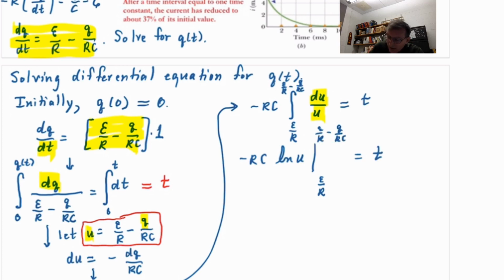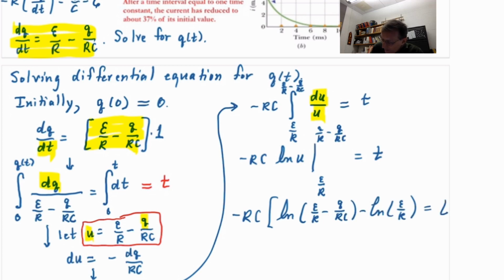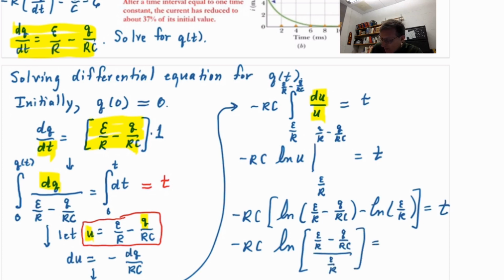And then that's minus RC times natural log of E over R minus Q over RC, minus natural log of E over R, is equal to t. Then use the property of logarithms, that I can write that as natural log of E over R minus Q over RC, all over E over R, is equal to t.